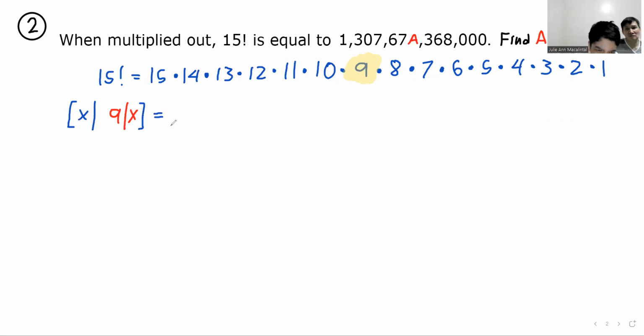We must also say this explicitly, or there might be confusion: x is an integer, and this equals some y, where y is divisible by 9. So this is a fun concept because we are given all of the digits except A. So we can simply add all of the digits.